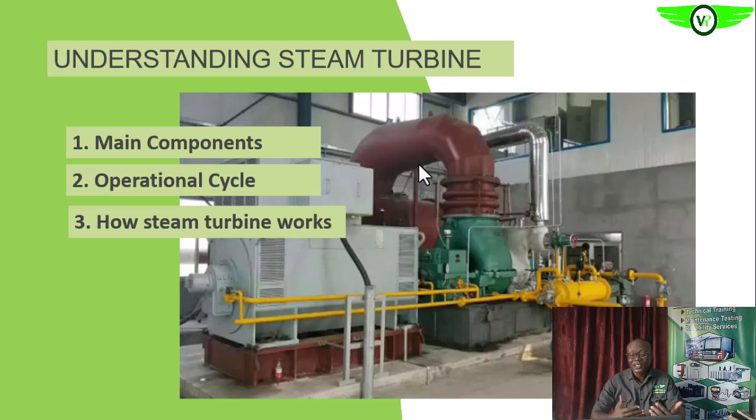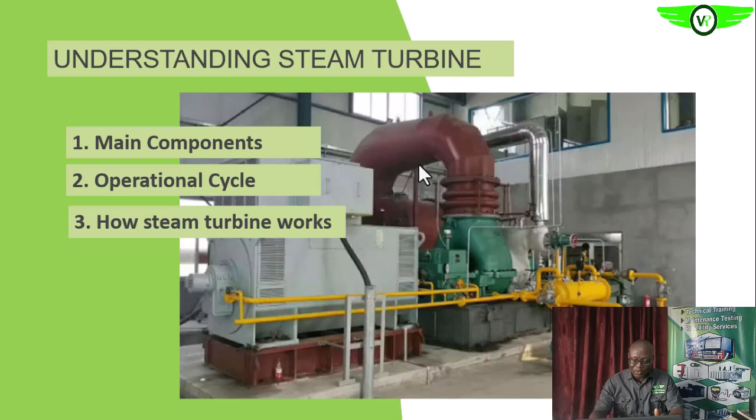Remember, the understanding of these first three steps is very important for the proper operations and maintenance of the steam turbine, such that when anything is happening within the turbine, you're able to discern which particular component of the steam turbine is responsible or will likely be responsible for such a fault condition.